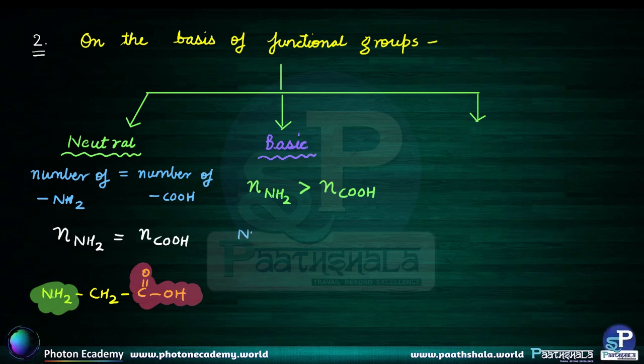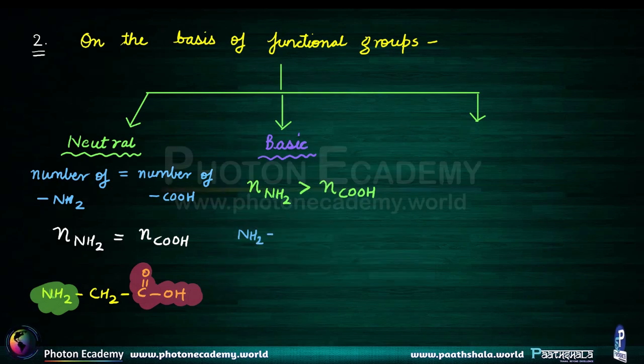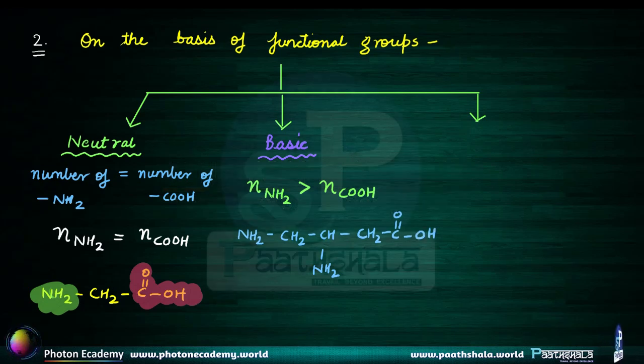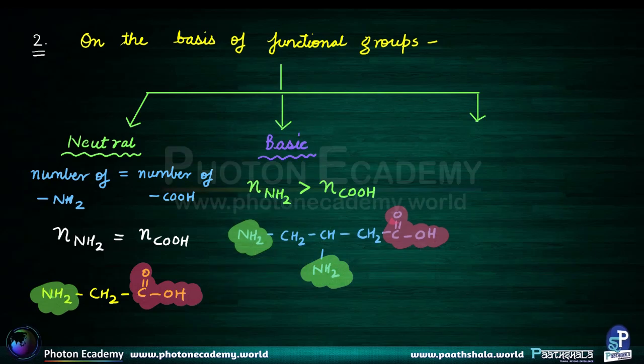Let us take a very hypothetical example: CHNH2, CH2, COOH. Here we can see that we have one COOH group and two NH2 groups. So here we have n number of NH2 groups more than the number of COOH groups. So this is the second category of amino acid under the heading of functional group.